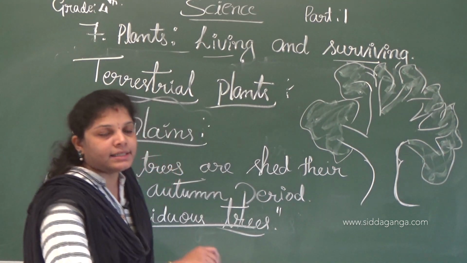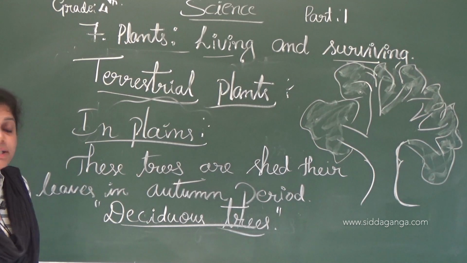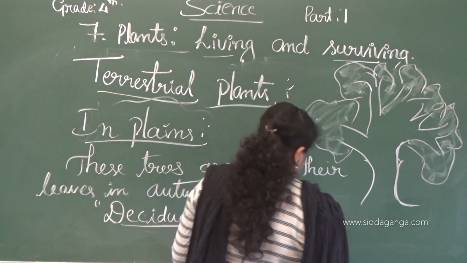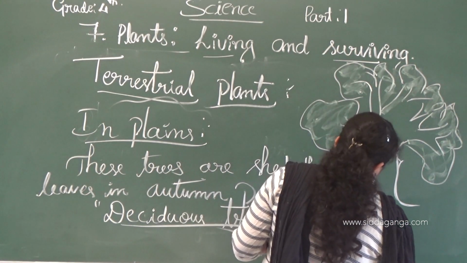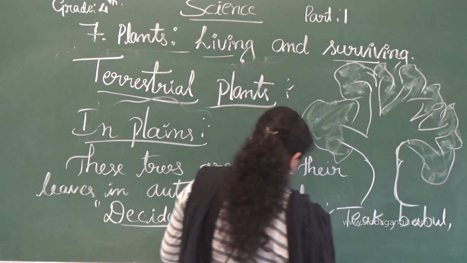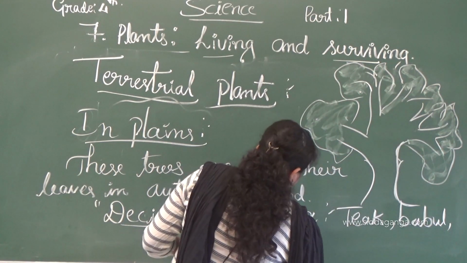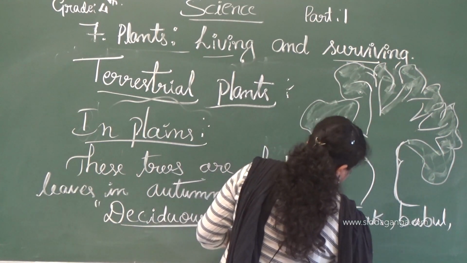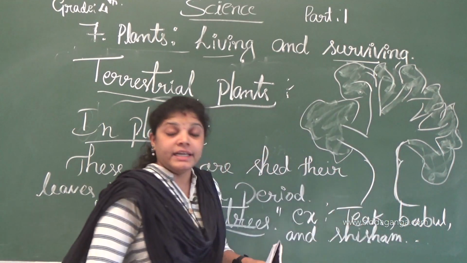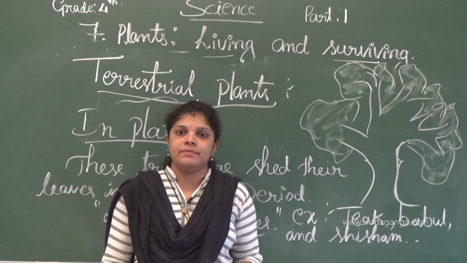Okay, yes, right. Examples for deciduous trees: teak, babul, and shisham. Shisham are trees, examples of deciduous trees.